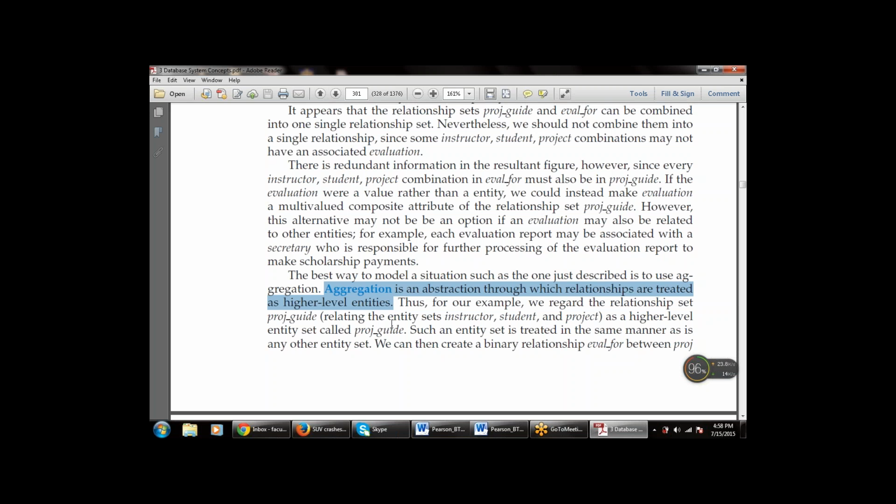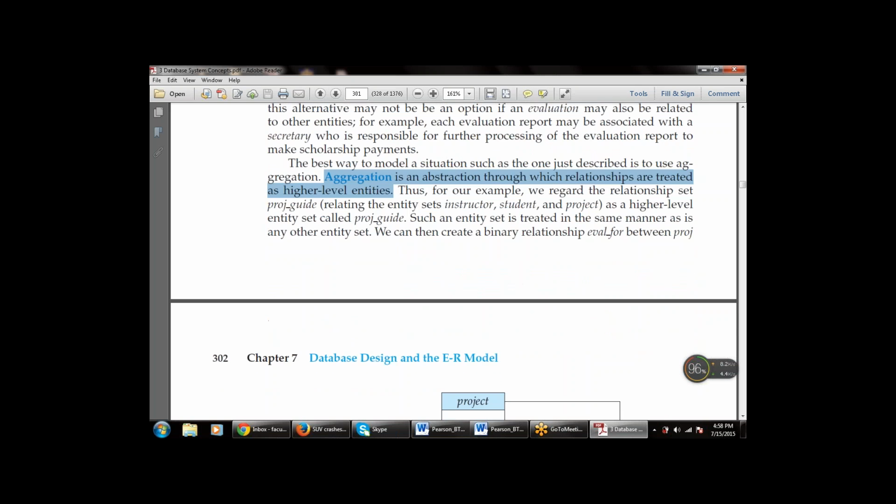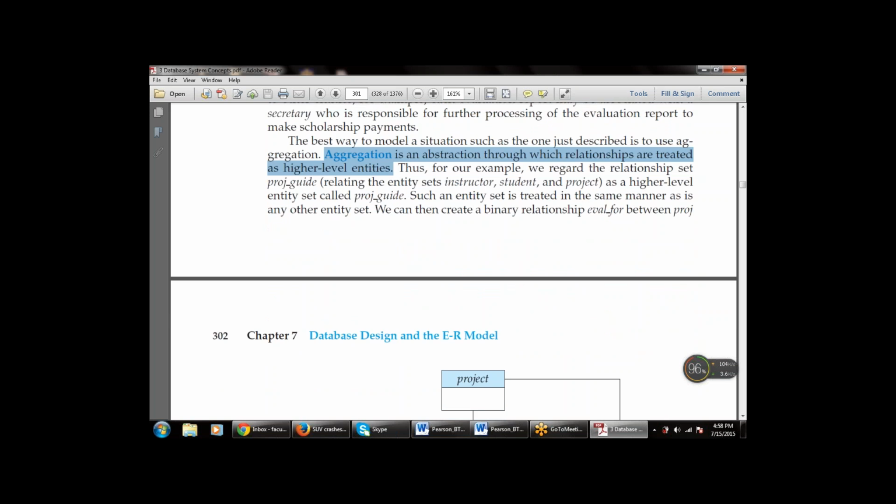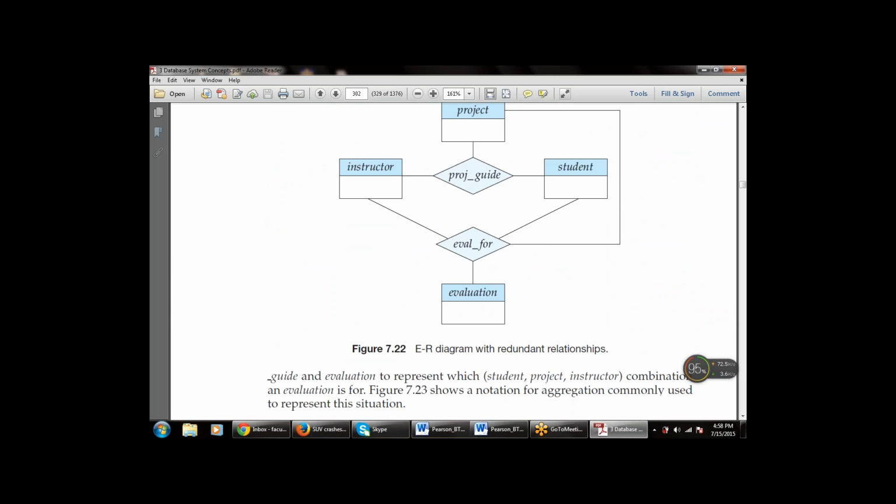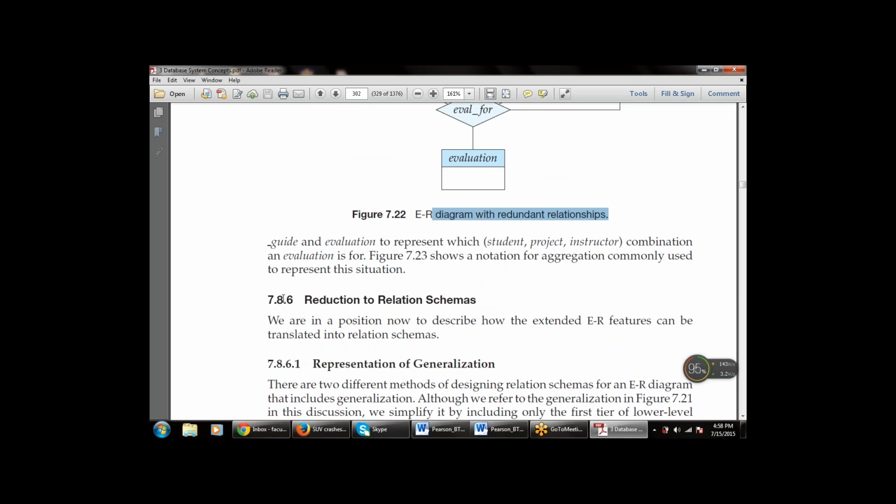That is, the relationship sets are marked as or treated as high-level entities. What are the various high-level entities that are available for making the construct? Now this is with the redundant relationship that is also available.